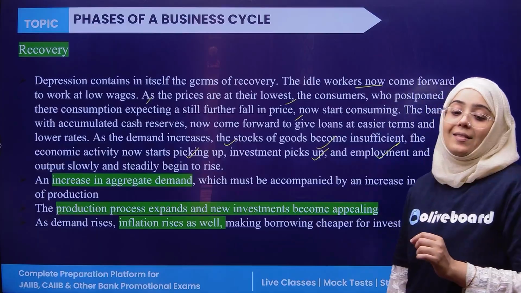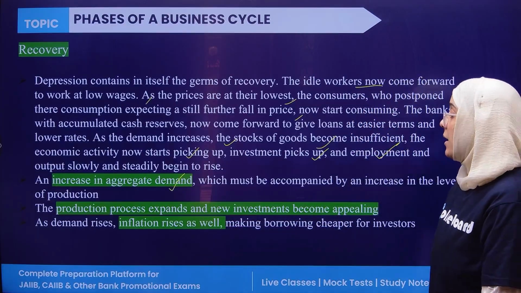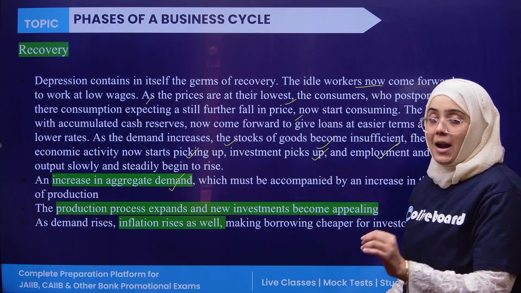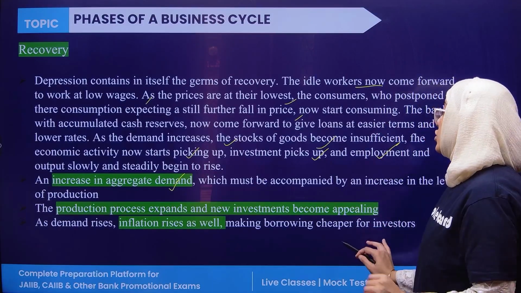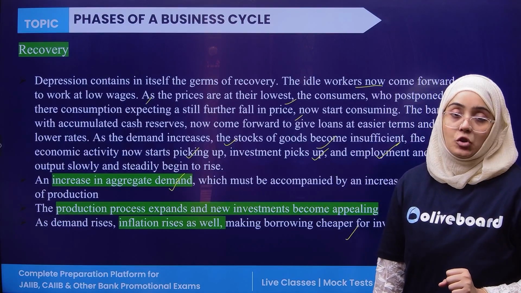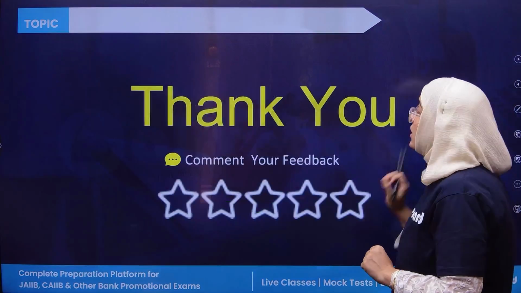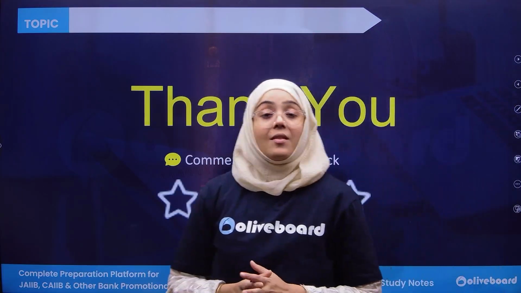This is called the recovery phase. So recovery phase means an increase in demand. Recovery phase is demand rising, due to which inflation also begins to increase. That is called recession. Sorry, recovery, right? So this is the complete chapter, the phases of the business cycle.